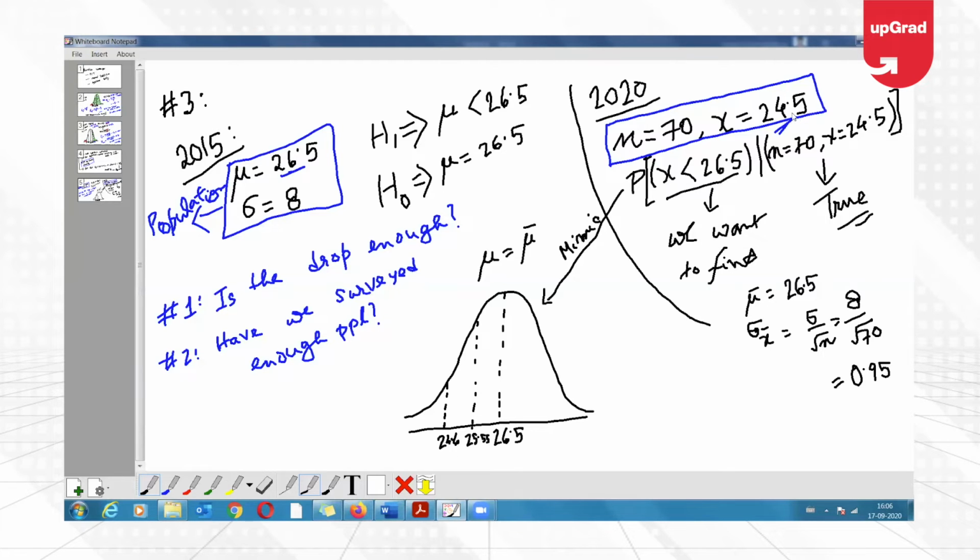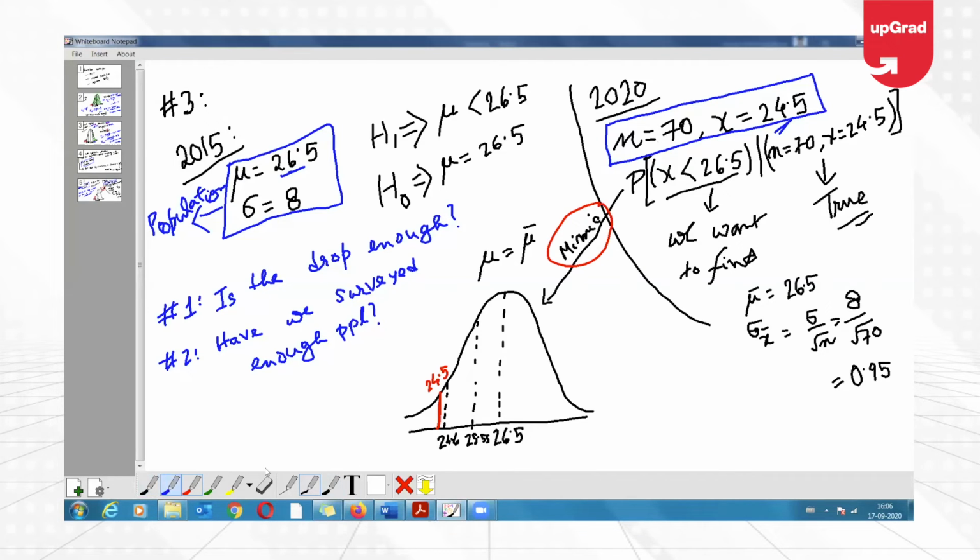And our candidate is 24.5, which is here. This part is 24.5. So now we have mimicked this in the graph.